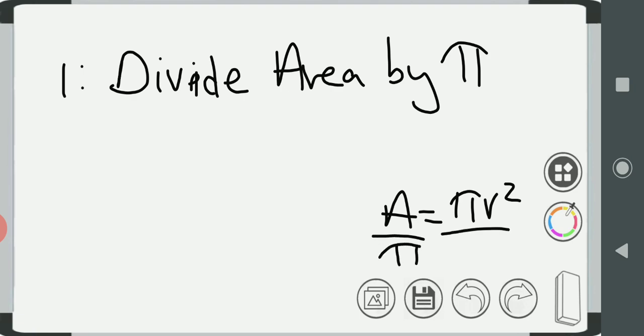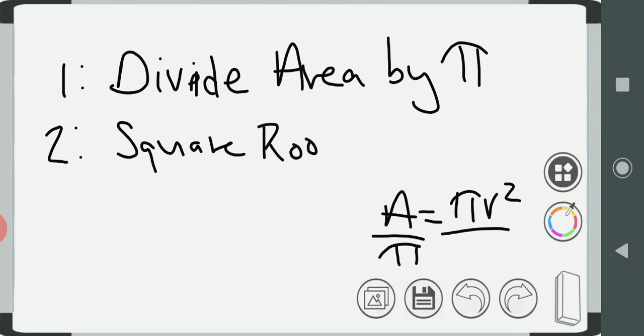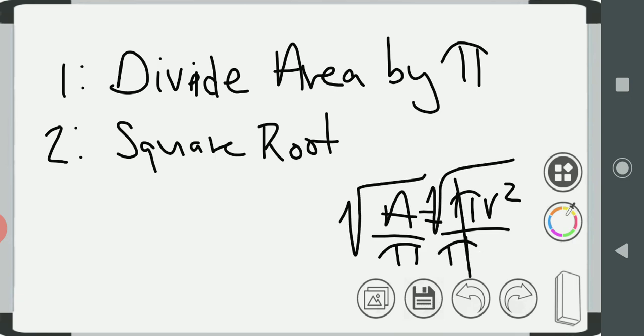Then we took the square root. We divided it, and then we took the square root. Remember, the pi's went out, we had some number, and we took the square root of both sides, and that gave us our radius.